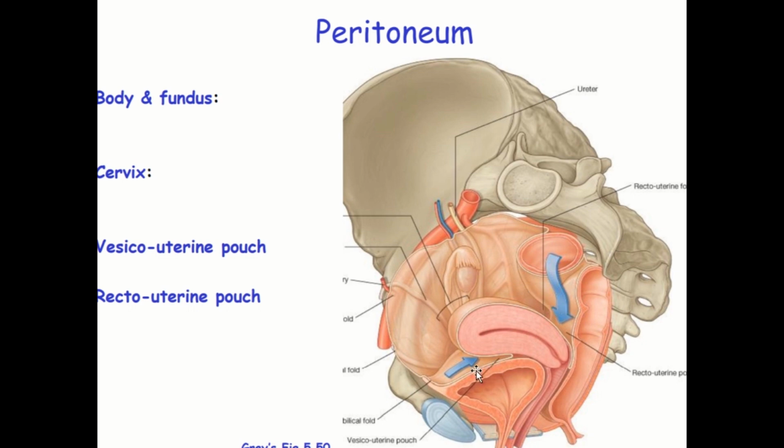What you can see here is that the cervix, unlike the uterus, with the exception of its upper part, is not covered by the peritoneum, and the vagina is covered over by the peritoneum posteriorly in its upper part over here. The rest of the vagina has no connection with the peritoneum.